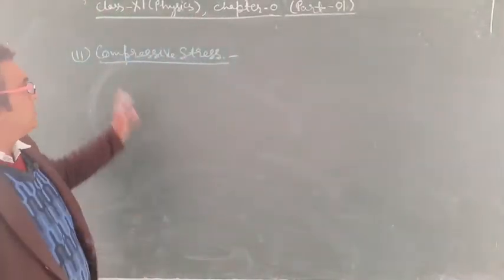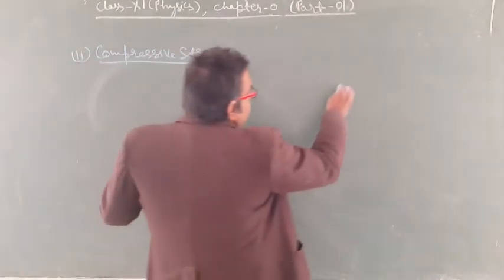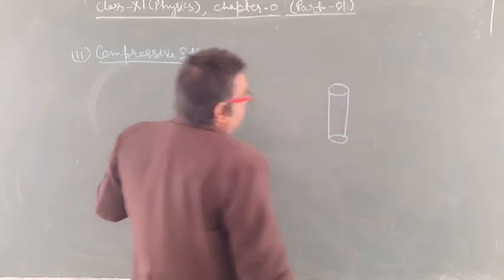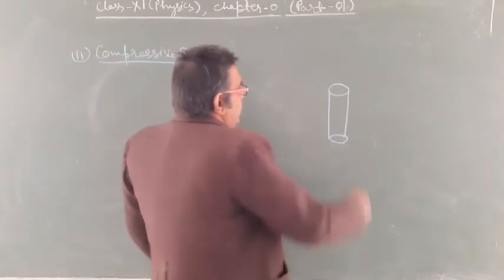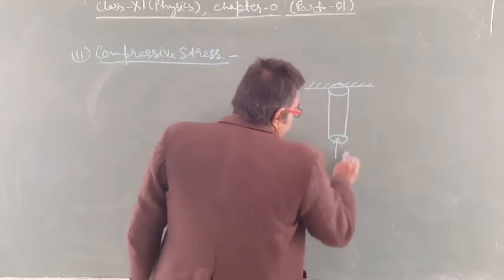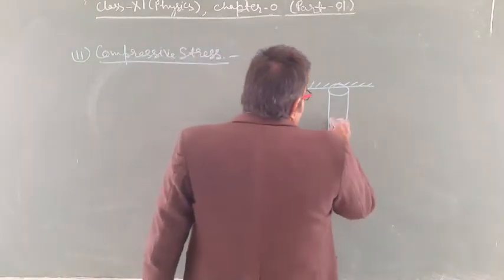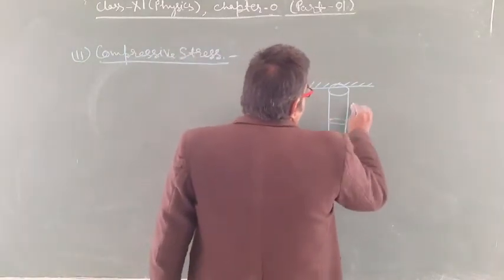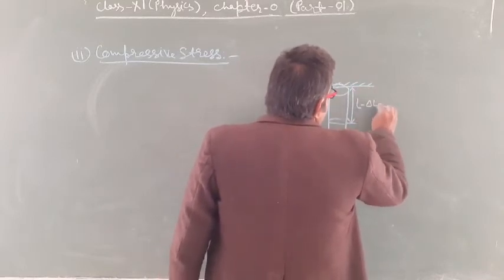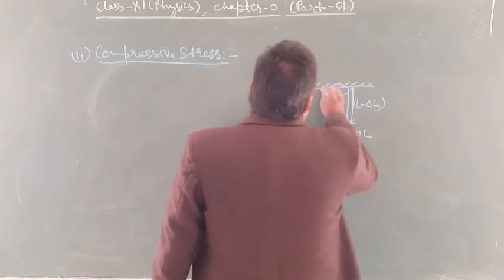Now look here, students, another is compressive stress. What is the meaning of compressive stress? Suppose there is a rod of length L supported on a rigid hinge, and a force is applied in this direction. Then the length of the rod is reduced. It becomes L minus delta L, where delta L is the reduced part.